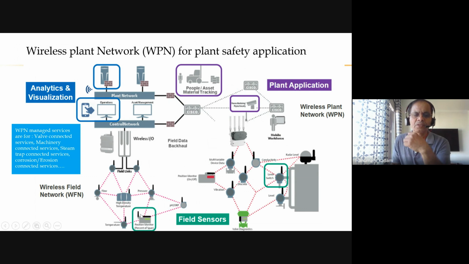Then you can see through these gateways data comes to the DCS control network, and it is controlled here, and in the same way it is taken out everywhere. So here it is a firewall. When data goes out of the plant, firewall, here also firewall. So whenever data goes out of the plant network, it is protected through a firewall. Here also firewall.